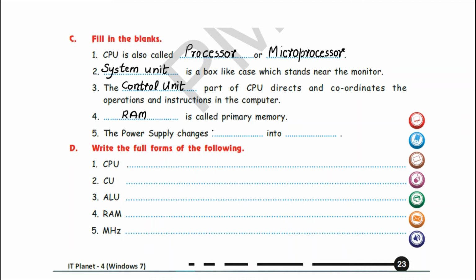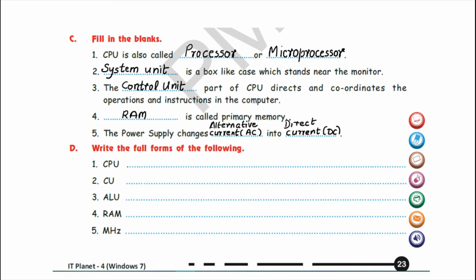Alternative current, and the short form of alternative current is AC, into direct current. And the short form of direct current is DC. The power supply changes alternative current into direct current.